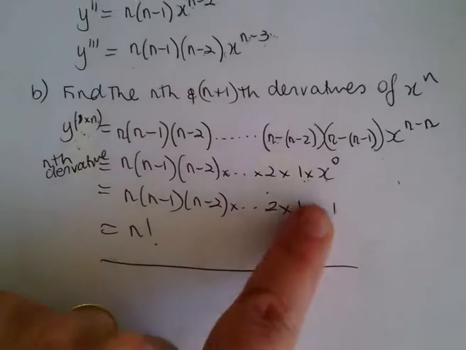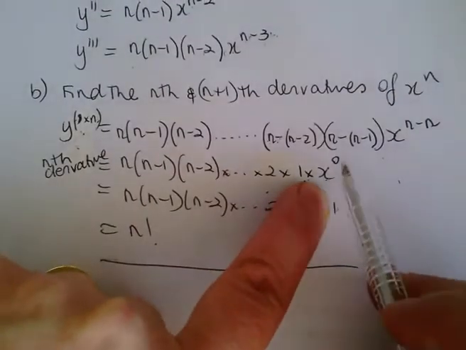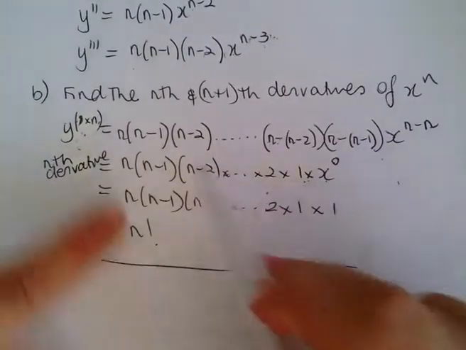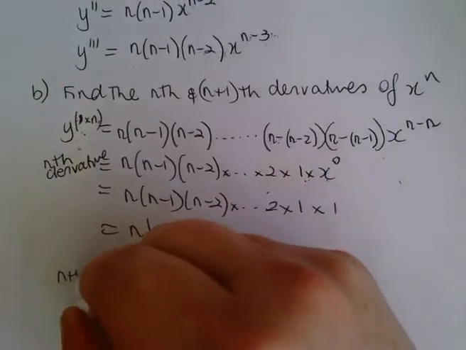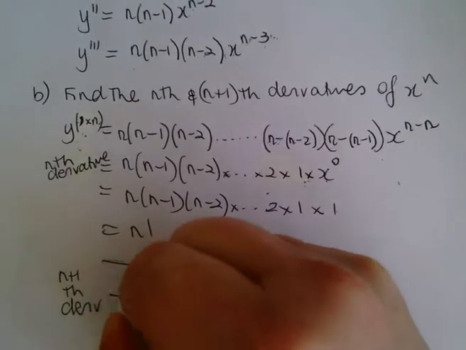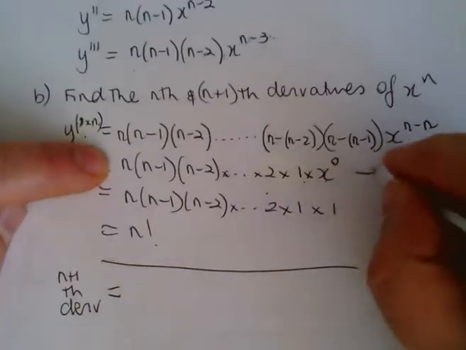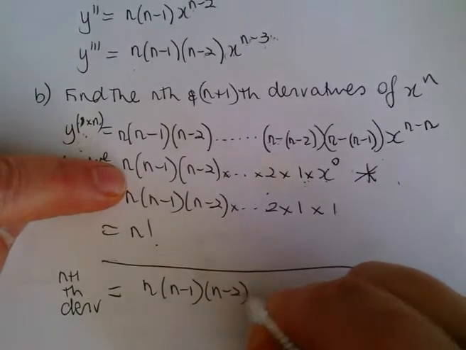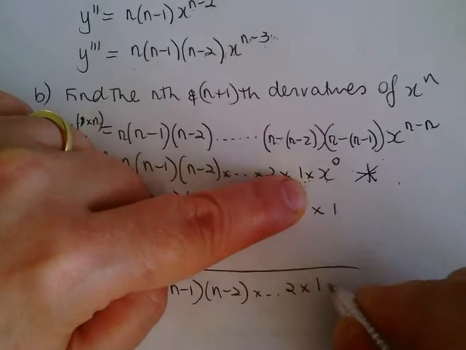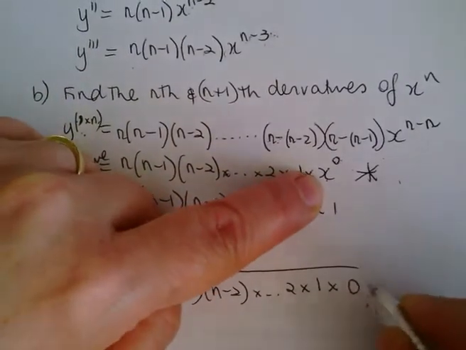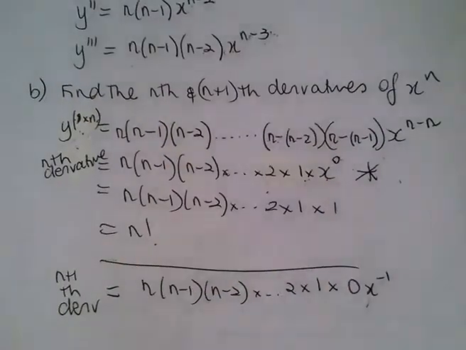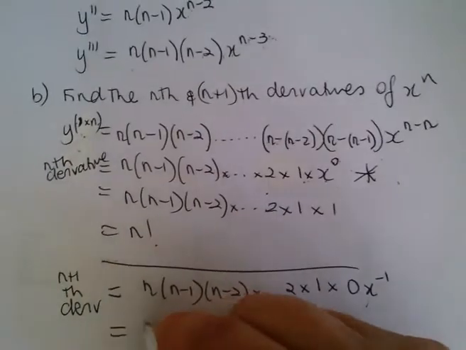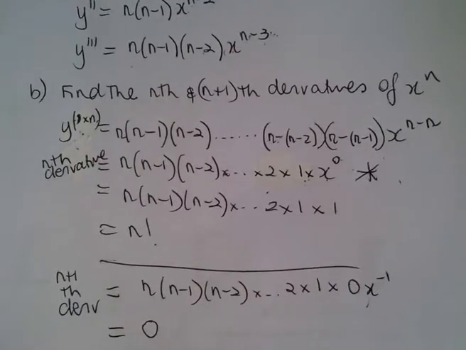Now, that's a constant. See how the nth derivative is this? With differentiation, you bring the power to the front. So if I continue from there, the n plus 1th derivative, let's say I use this line here: n minus 1 times n minus 2 times 2 times 1 times, don't I bring the 0 to the front? X to the negative 1. If I multiply anything by 0, I get 0.